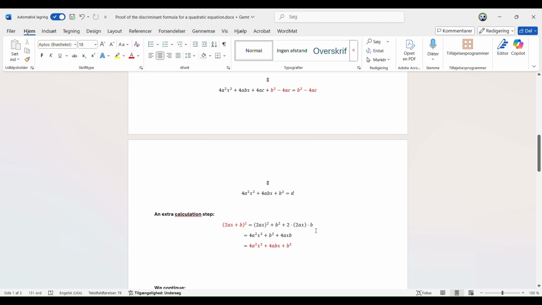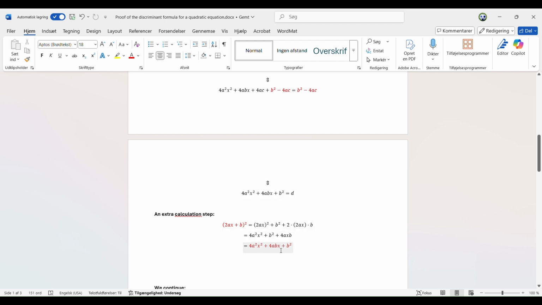So we get this. If we have this expression inside parentheses and it is squared, we have to do it on both the number and the letters. So 2 squared is 4, a squared is a squared, x squared is x squared, b squared is just b squared, and 2 times 2 is equal to 4 times a times x times b. So we get this. And fortunately, this is equal to this expression up here on the left side.